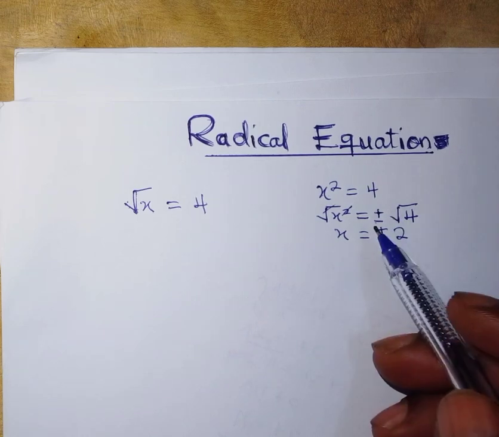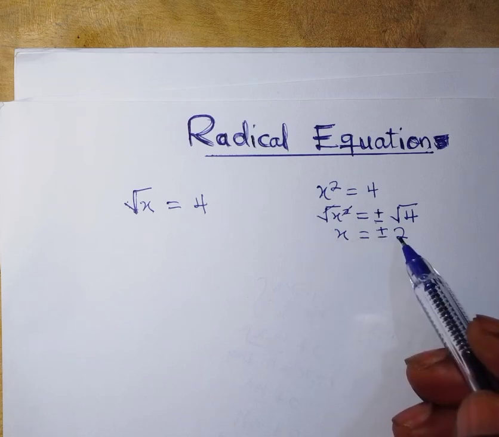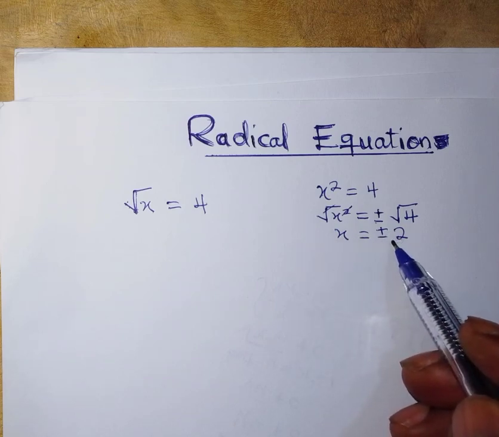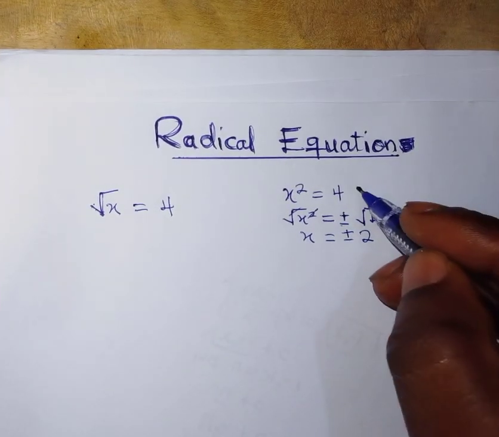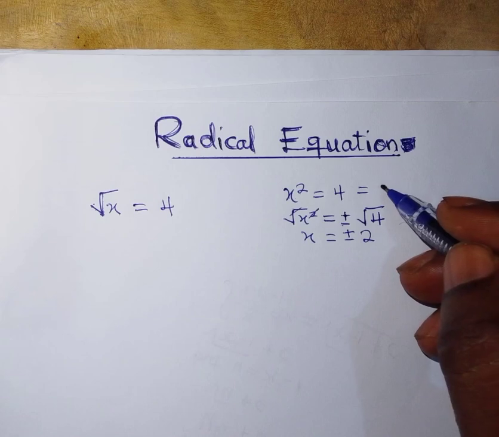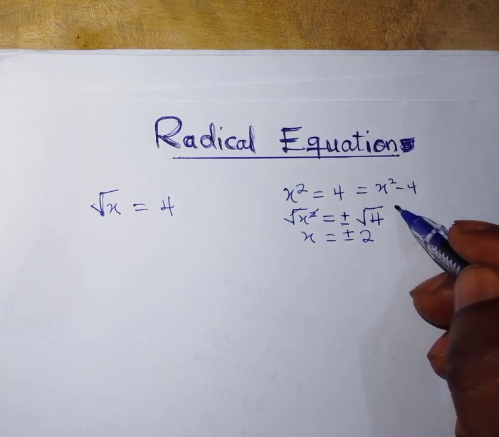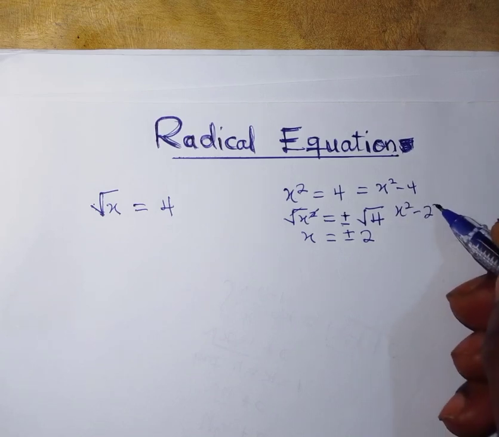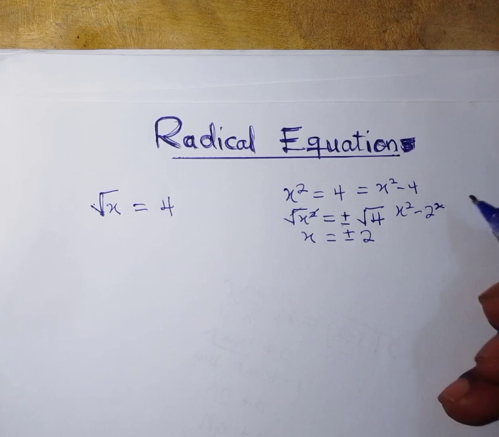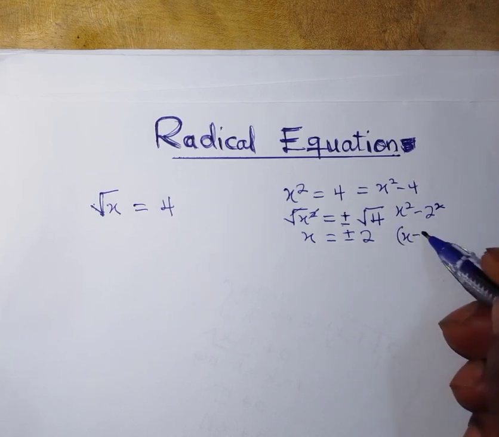Another way, and the reason why we are getting plus or minus 2, meaning two solutions, is that this can also be done in this form. I can write this as x squared minus 4, then x squared minus 2 squared, which gives me a difference of what?